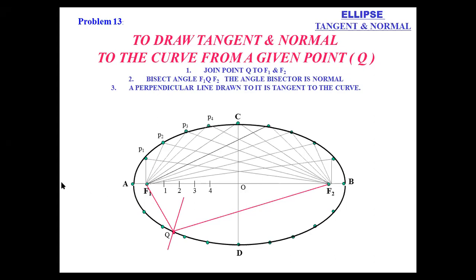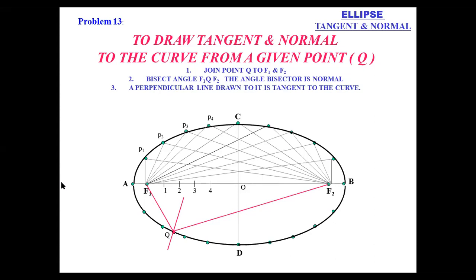So that bisector of this angle, from any point. See, one question, you answer me one question. Here, are you finding any ready-made normal to this ellipse in this figure?